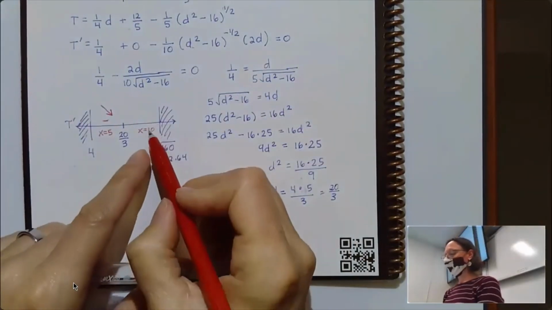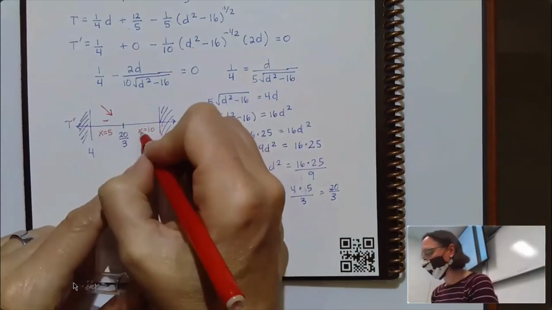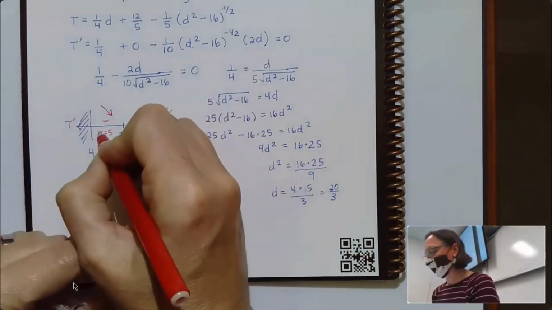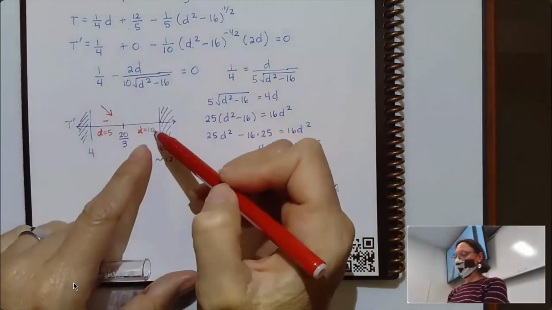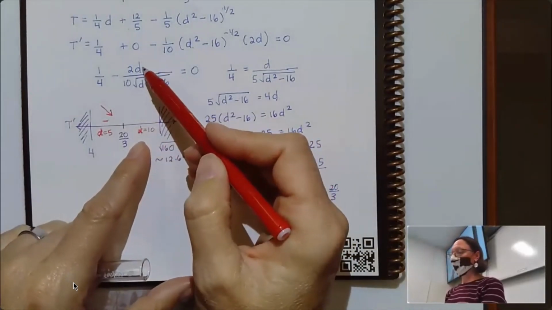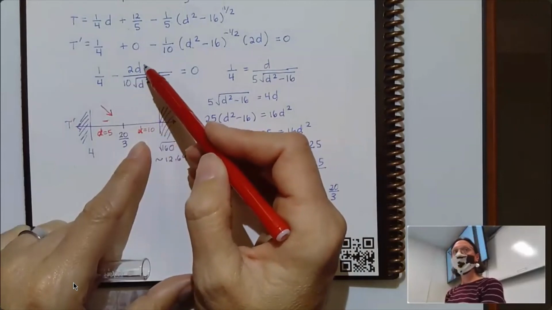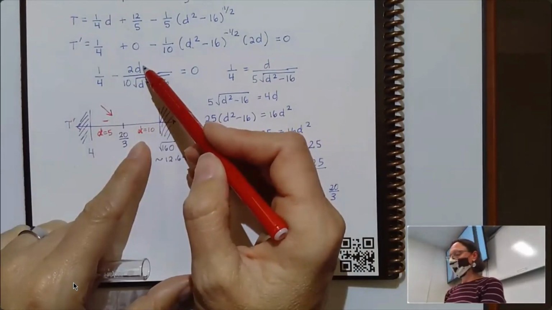If I plug in 10, oh, I wrote X, but really our letter was D. So I'll be a little more careful about that. So if I plug in 10, then up top, I've got 20 over 10.